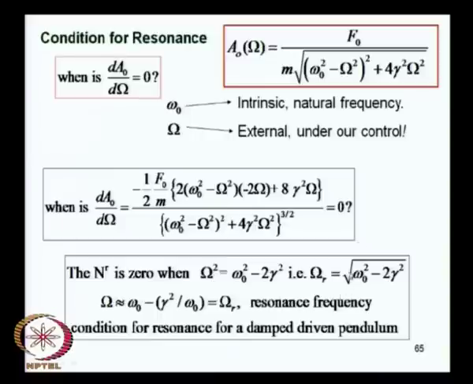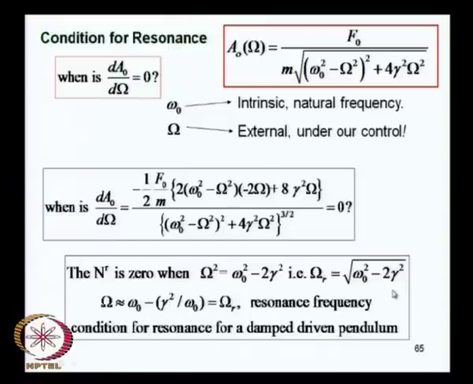So, this resonant frequency will be given by the square root of omega 0 square minus twice gamma square. Now, if you expand this term, then you can develop an approximation, retain the highest order terms, and then you get omega r approximated to omega 0 minus gamma square over omega 0.